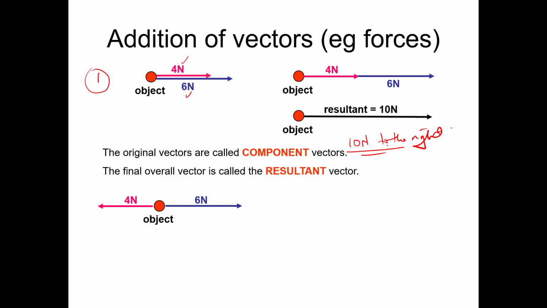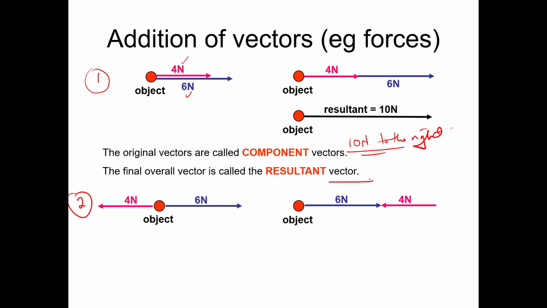Number 2, we're having two forces still acting on a body, but this time the forces are pointing in opposite directions. So for this case, what we do is identify which force is bigger or stronger than the other. The smaller force is subtracted from the bigger force. In other words, it is the same as having 6 positive.